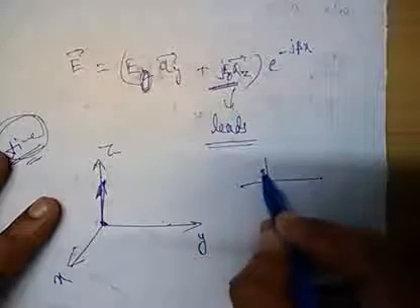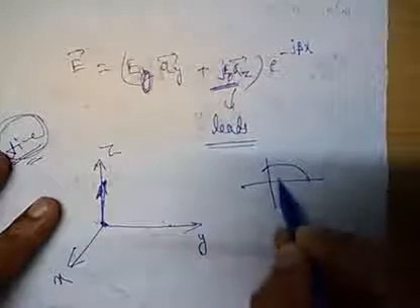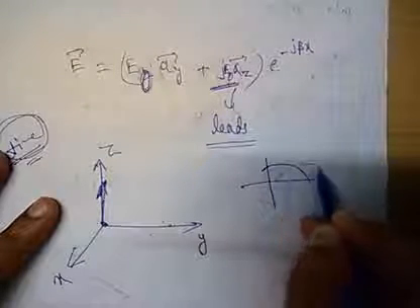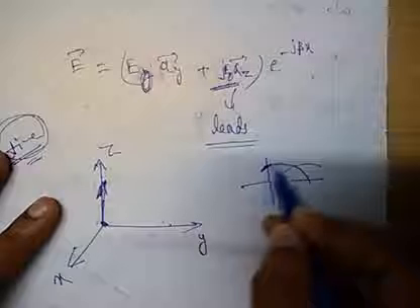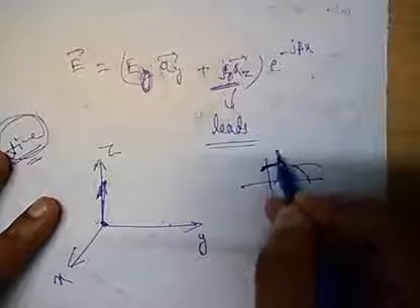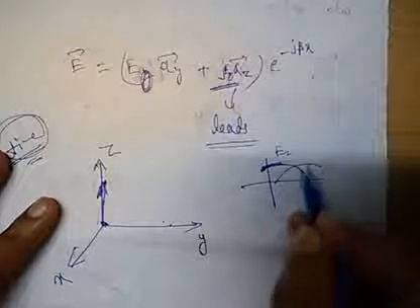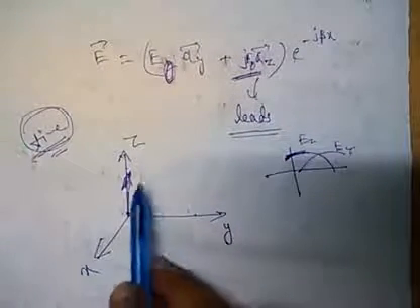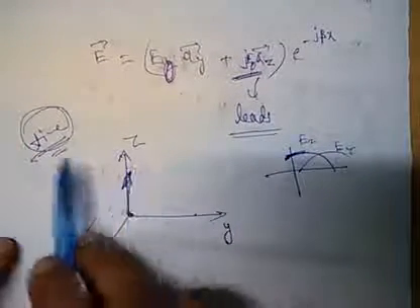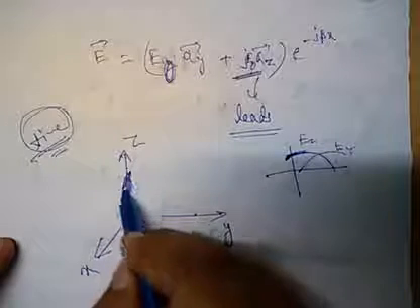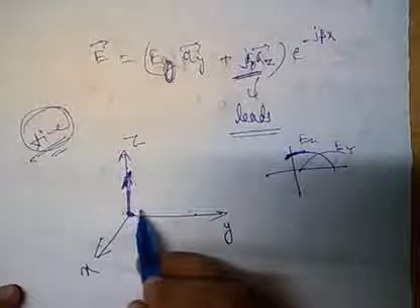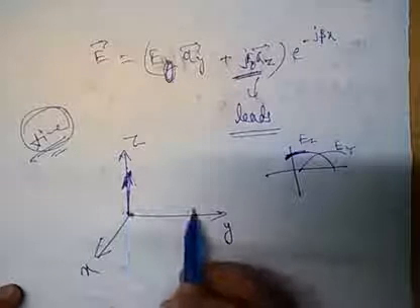So initially there will be a larger z component, and as time goes on there will be a larger y component.